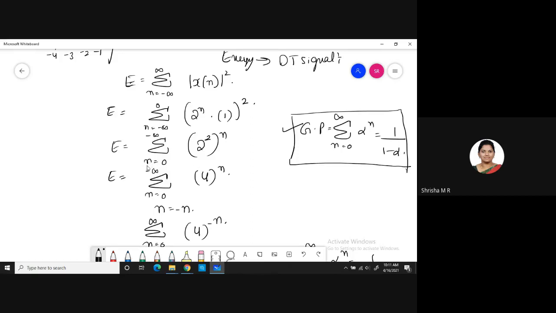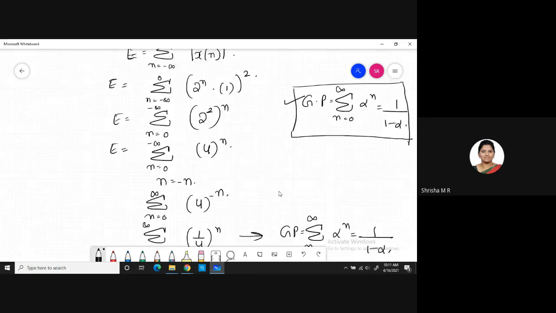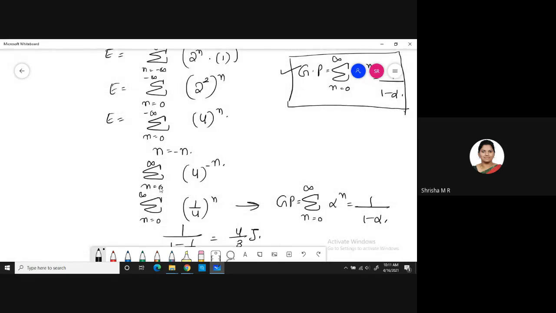So what we have, summation n is equal to 0 to minus infinity, 4 to the power of n. Our geometric progression equation is summation n is equal to 0 to infinity alpha to the power of n. But our summation is to minus infinity here. So to get it to this form, I'll replace n with minus n. Then summation n would be 0 to infinity, 4 to the power of minus n.